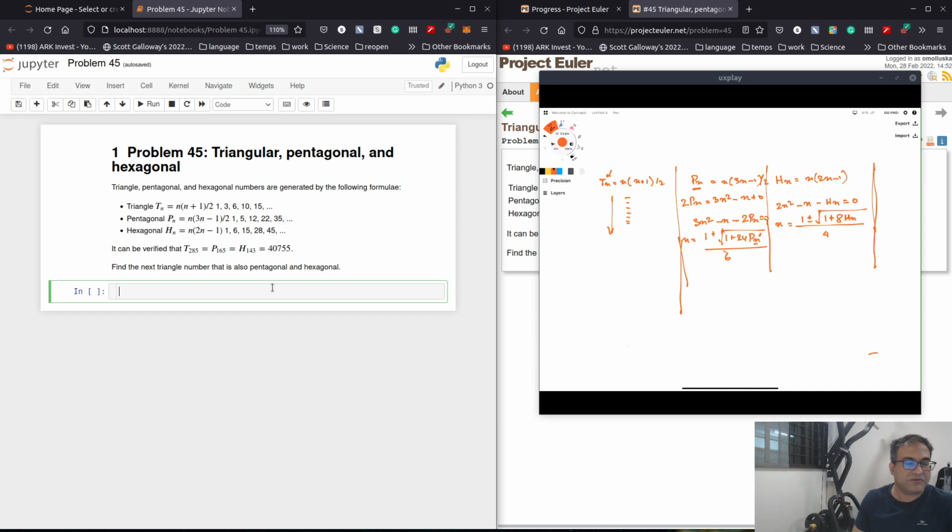Okay, so first we have to create a generator, or we don't have to create a generator. We'll just put a while loop, and we have to create a check for pentagonal number.